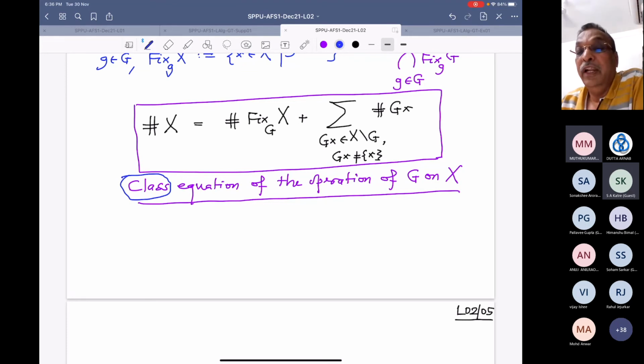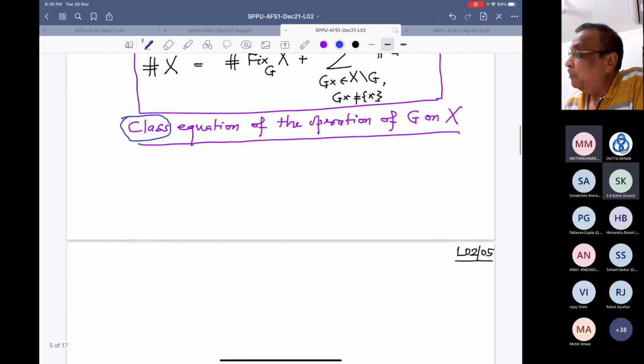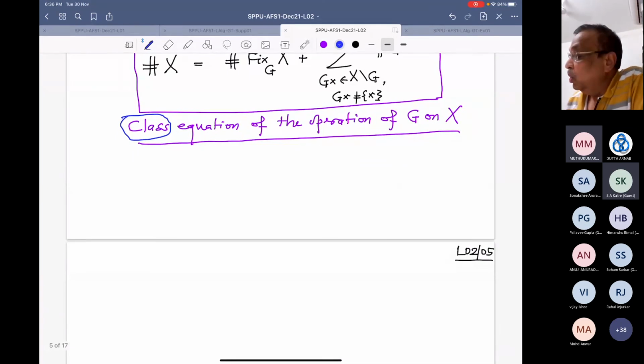So that is like finding out the class equation. But before I do that, I have to also build up a little bit. I want to formally put the definitions because we will have to study these definitions sooner or later. So these are many definitions.